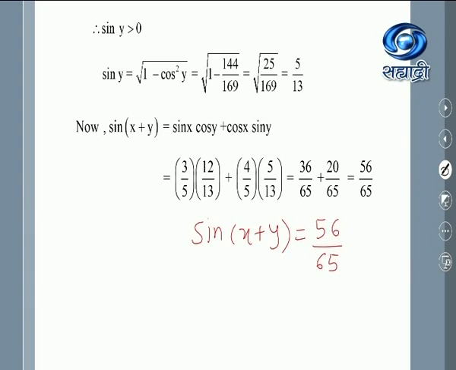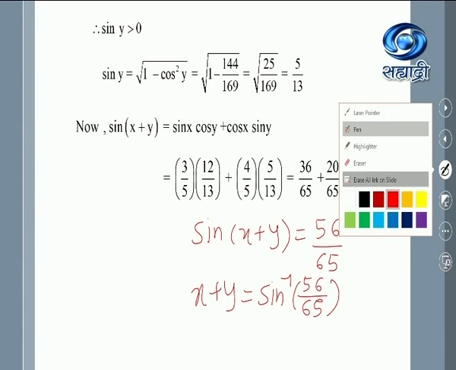Now use the definition. What is the definition of inverse trigonometric functions? We can write x plus y is equal to sine inverse of 56 upon 65, right? But what are x and y? Go to the previous slide and substitute x and y. You will get the answer.